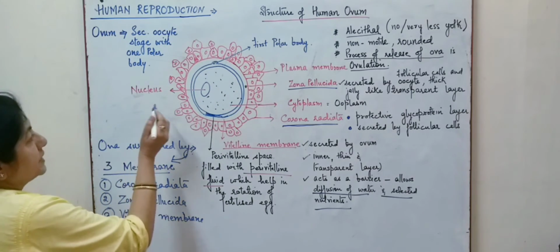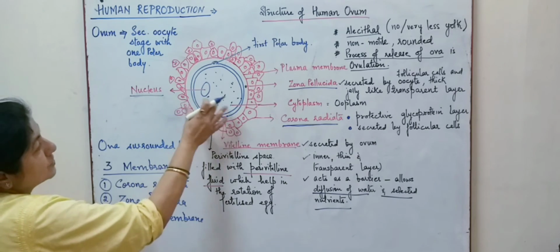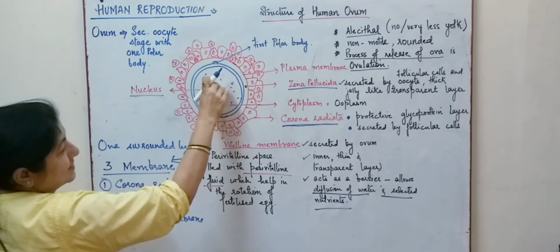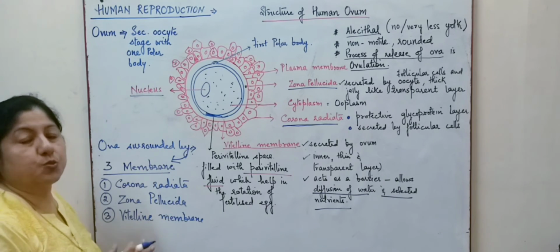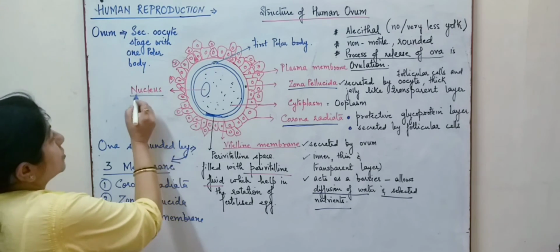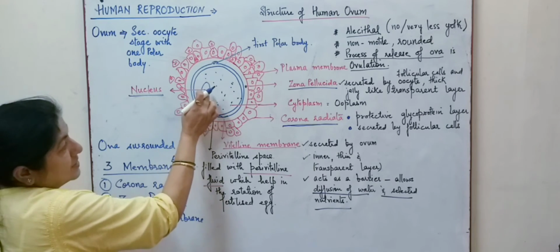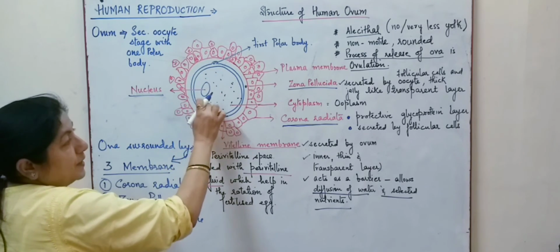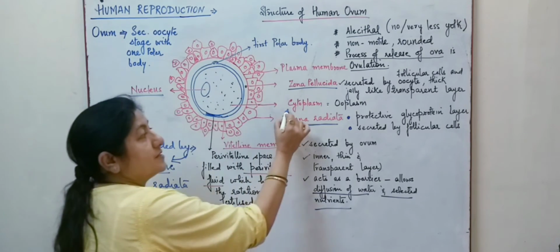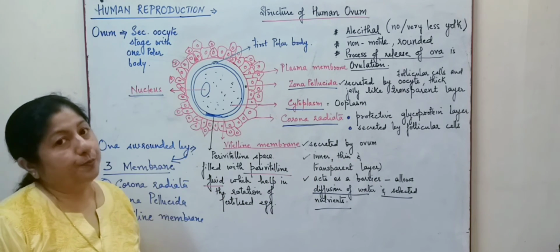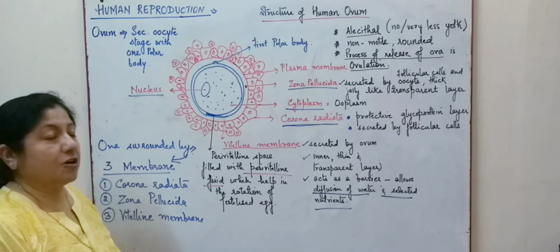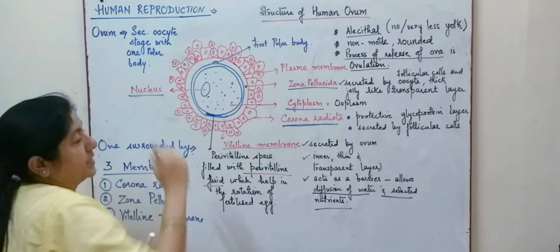Now, coming to the nucleus, over here it is not present in the center, but it is eccentric, that is present towards one side. So, this nucleus is present within the cytoplasm. Now, the cytoplasm in the case of ovum is known as ooplasm, and it has lots of rich nutrients.